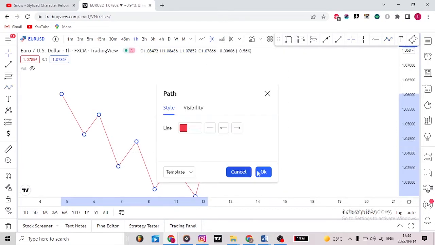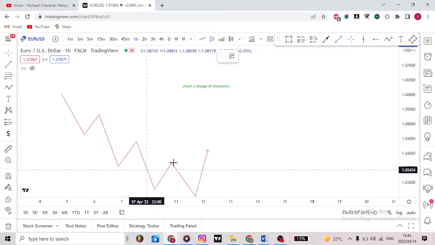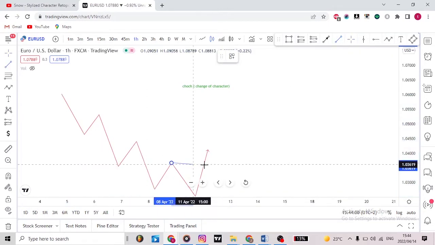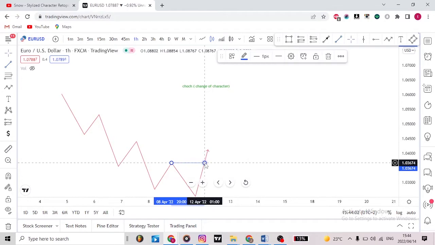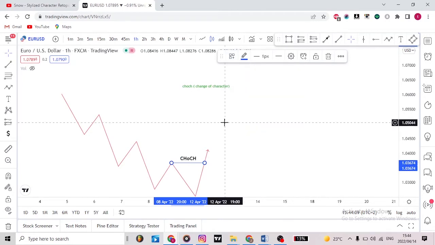Now this over here will be our CHoCH. Let's label that as our change of character.